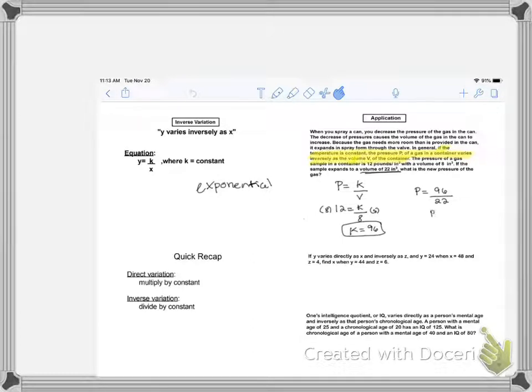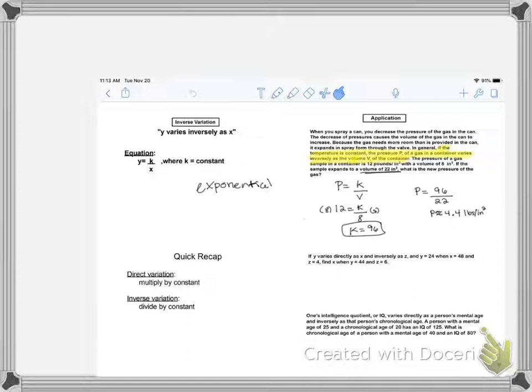So if I divide those, I would get around 4.4, and that's 4.4 pounds per square inch.